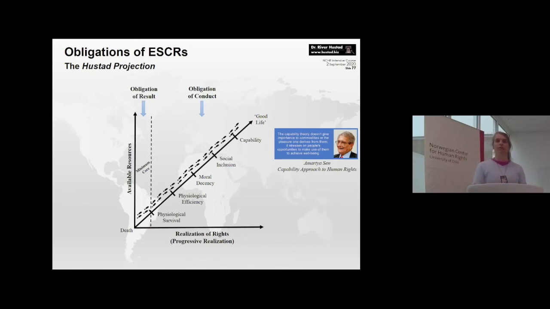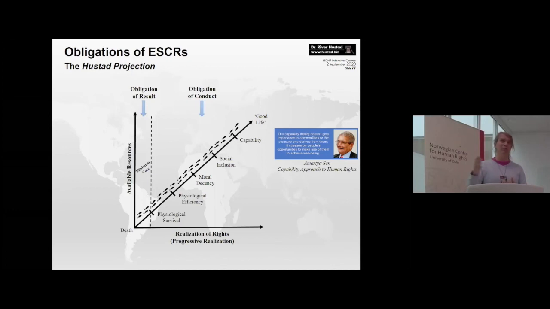So starting with physiological survival, people who are dying because of poverty. At some point, you're physiologically efficient. You're not necessarily dying, you're getting just enough, but not much more. And then at some point you meet the moral level of what is seen as a moral minimum, that anyone living below a certain level is living in very bad conditions. To social inclusion, to capability.